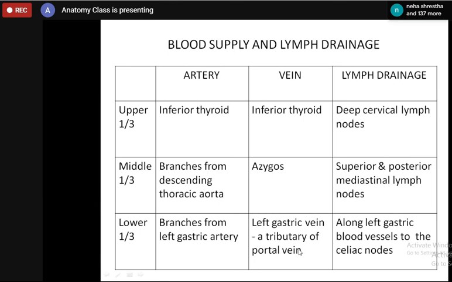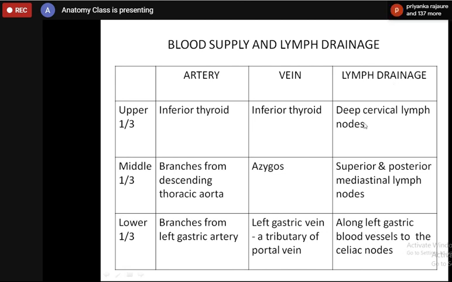Along with this blood supply, the lymphatic drainage of the upper cervical part is into the deep cervical lymph nodes, as it is within the neck. The superior and posterior mediastinal lymph nodes are the lymphatic drainage of the thoracic part, and along the left gastric blood vessels to the celiac node is the final site of lymphatic drainage of the abdominal part of the esophagus.